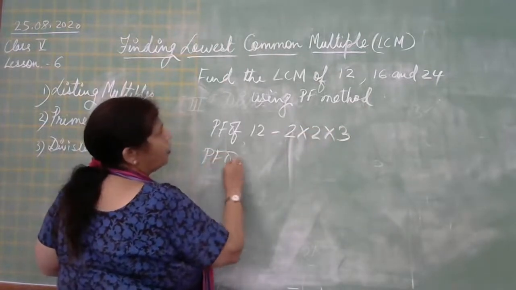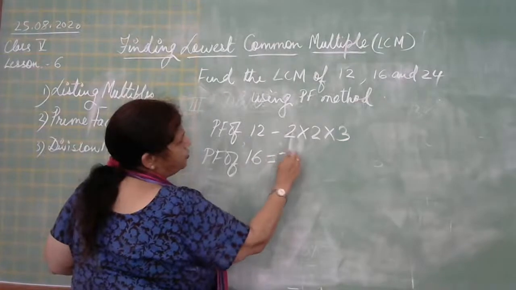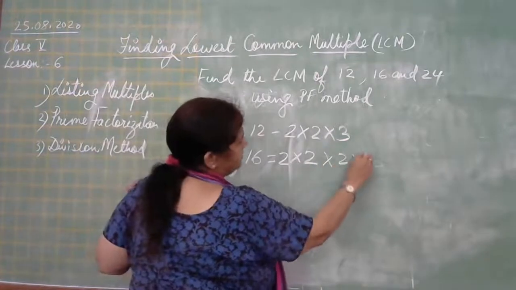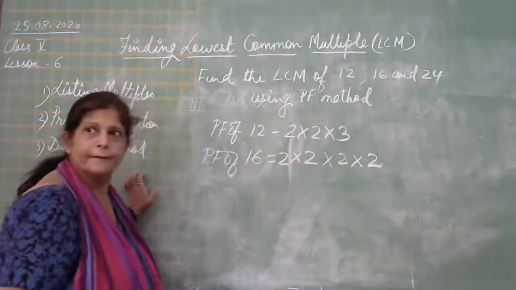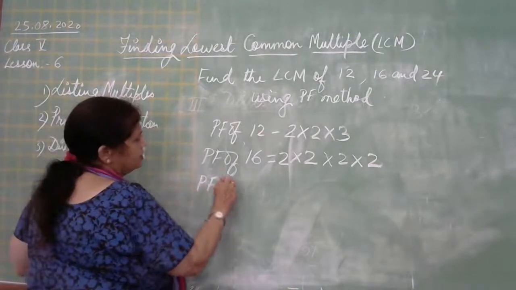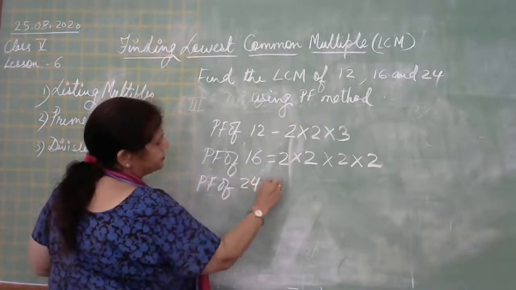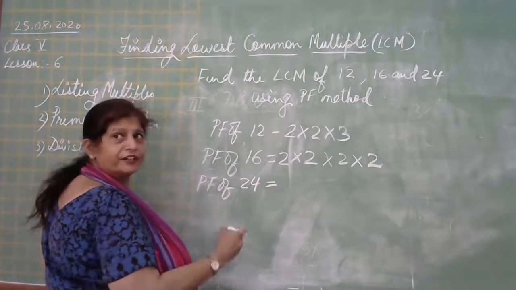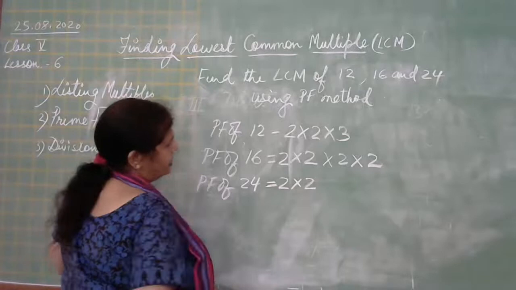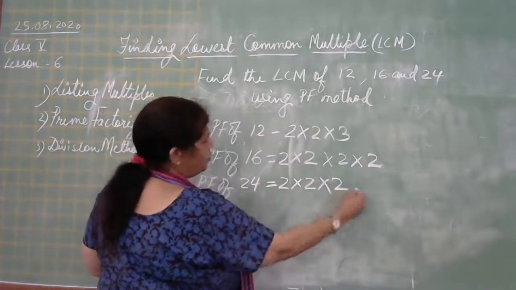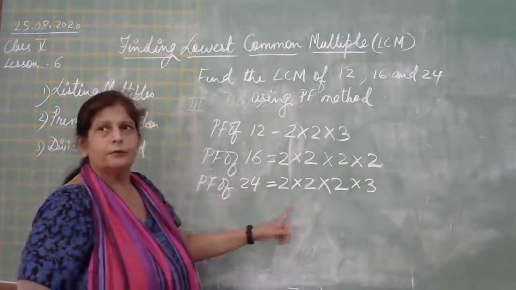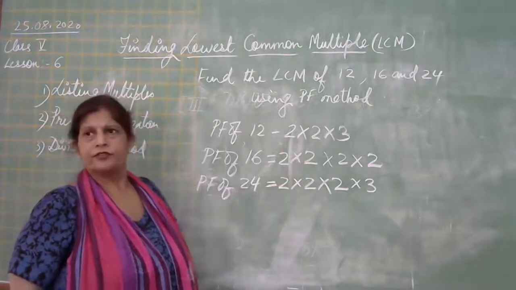Prime factorization of 16, 2 multiplied by 2, multiplied by 2, multiplied by 2. Prime factorization of 24. How do you come to the prime factorization of 24, children? 2 multiplied by 2, that is 4. 4 multiplied by 2 is 8. 8 multiplied by 3 is 24. So this is the prime factorization of the three numbers.